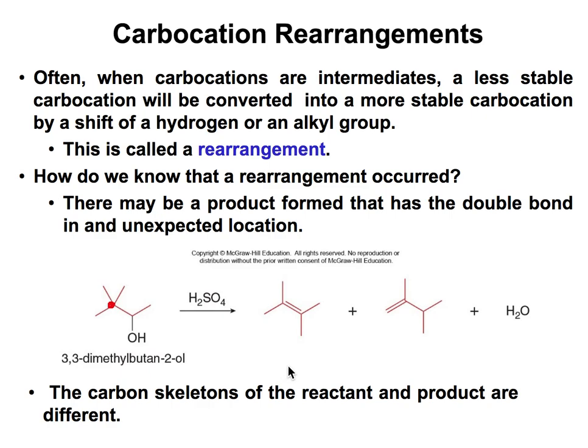In the case of elimination reactions, particularly, what you get is that one of the double bonds forms in a strange position, in a position that you didn't expect. So like in the case of these ones, right? And so yes, the carbon skeletons are different. So that's exactly what it means, that we have three methyls here, and here we only have two methyls in that same carbon.